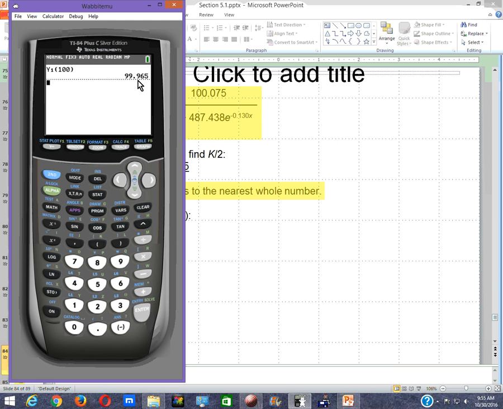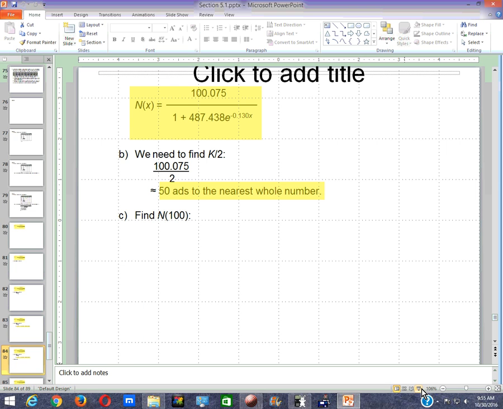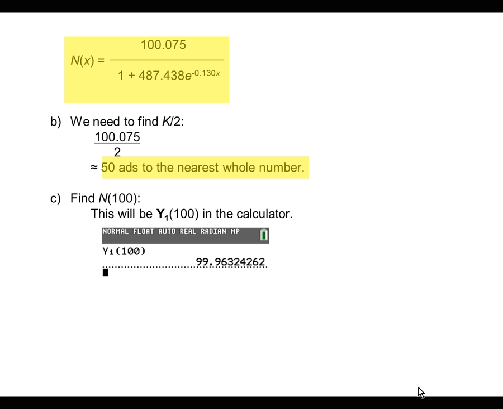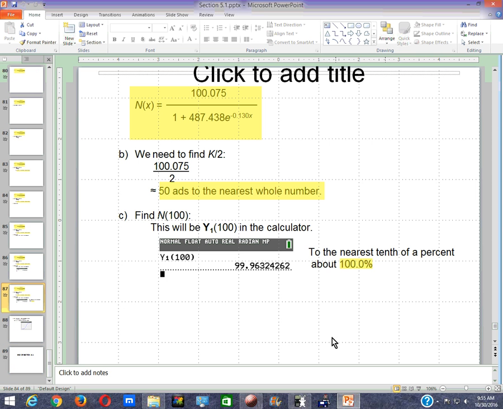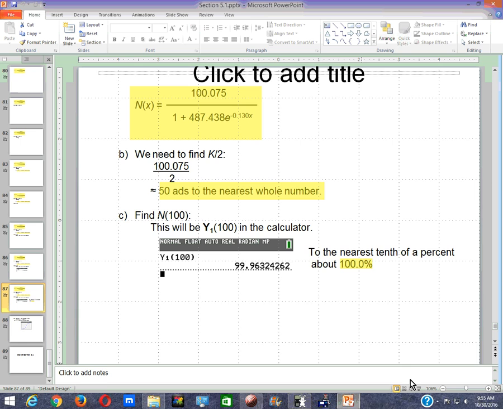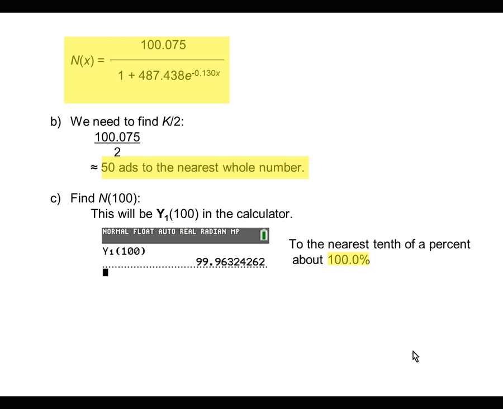Notice to the nearest whole number, that would be 100. So to the nearest tenth of a percent, that's 100%. Would I get the same thing if I rounded to the nearest tenth of a percent here? Yeah, because that's going to round up. So 100%. Notice I reached the carrying capacity right there.